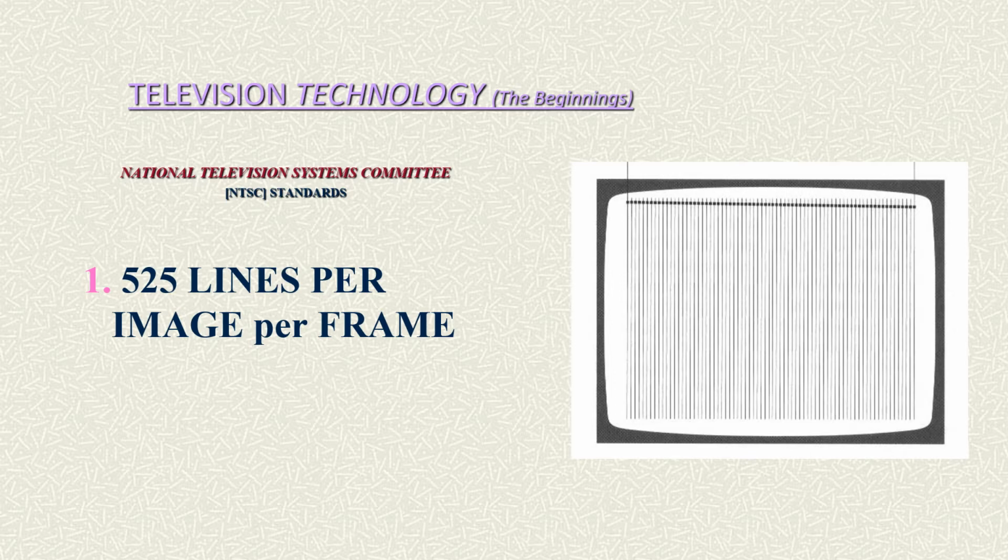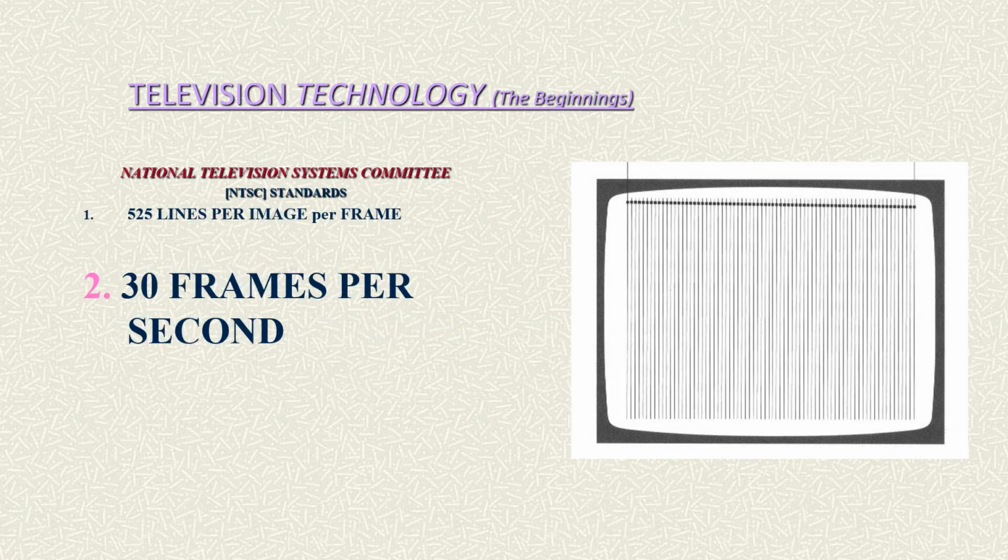So the NTSC determined that there would be 525 lines of resolution per frame. Then they determined that there would be 30 frames per second. So each second of a television image would be divided up into 30 frames of 525 lines per frame.